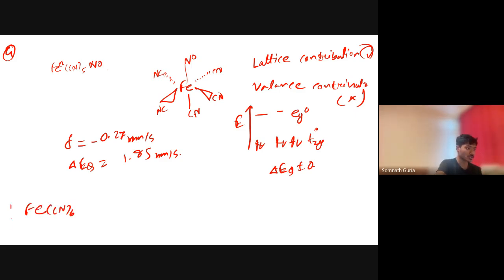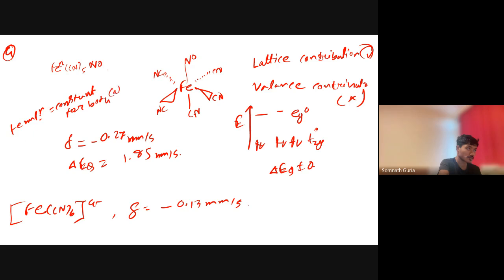Okay, now the question is for Fe(CN)6 4-, which has a delta value around minus 0.13 millimeter per second. The temperature is constant in both cases. So the delta value of the hexacyanoferrous is minus 0.13, but when one cyanide is replaced by the nitrosyl group, the delta value is minus 0.27.